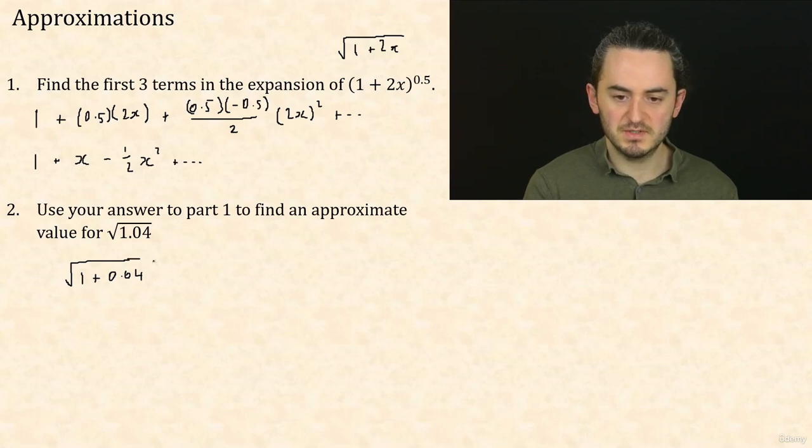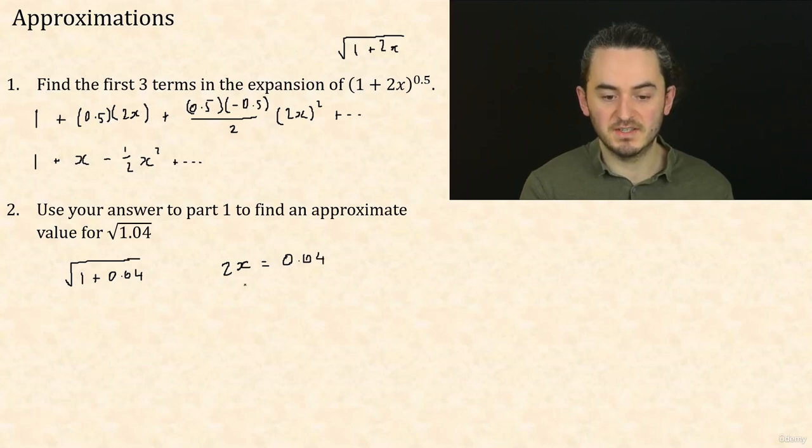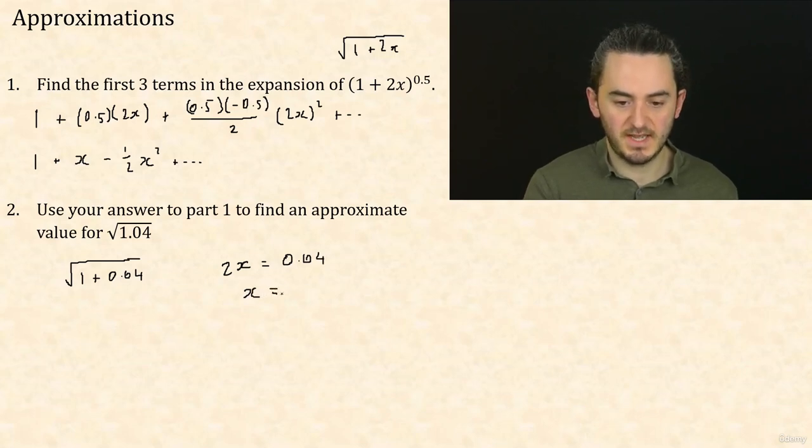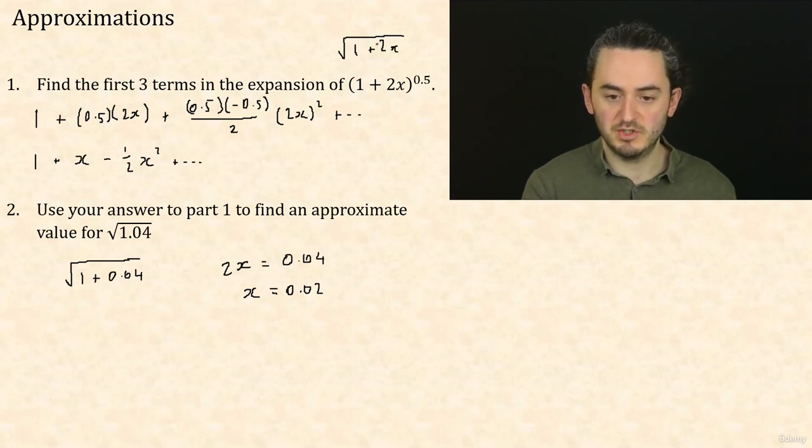So hopefully what you can see is that as long as 2x is 0.04, this will be the same as this. So as long as 2x is 0.04, I set x to equal 0.02, then this expression here is the same as that number.